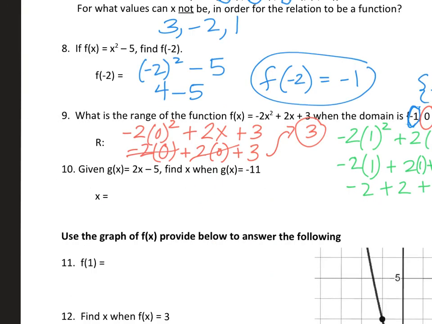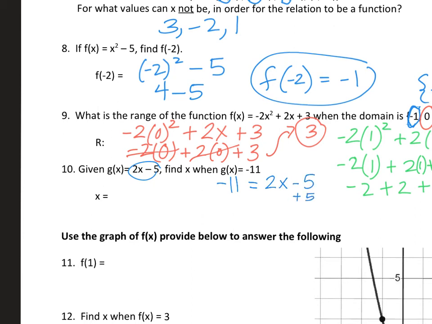All right, so we're going to do another one with function notation. This one's a little different. It tells us g of x equals 2x minus 5. We're finding x and we're given the y value. So what we need to do is write negative 11 on one side of the equal sign and then write the rule on the other side and solve for x.